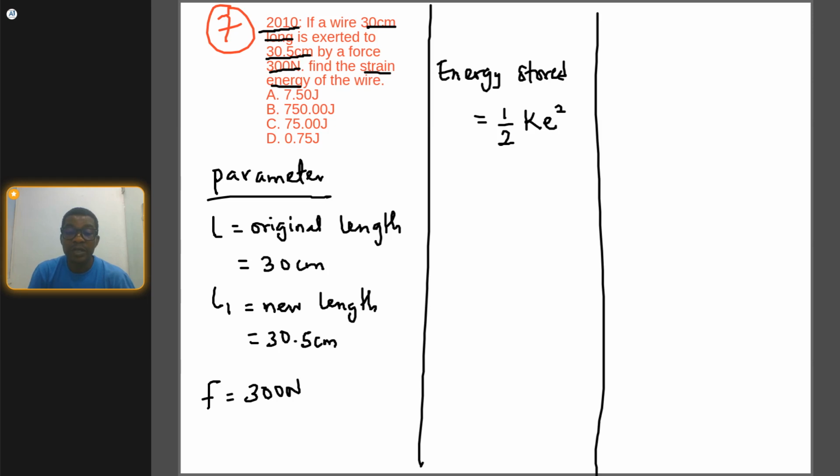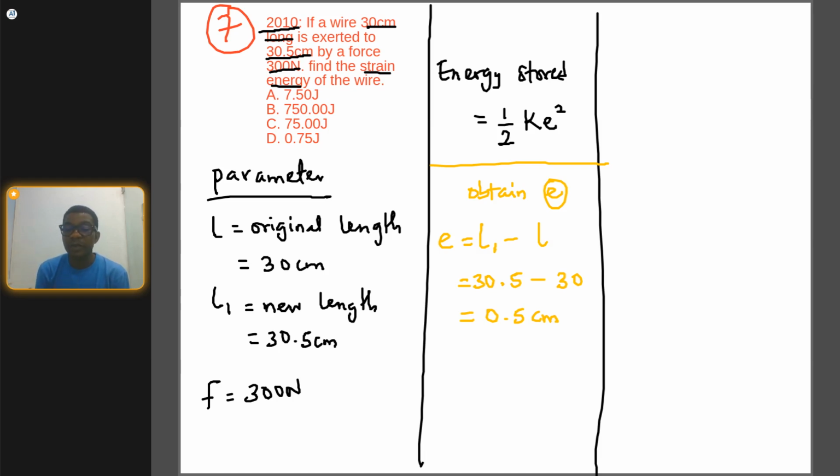But we are given prior information that will make us get those values. So let's go ahead to get E. E, which is extension, is equals to the new length minus the original length. The new length is 30.5 minus original 30. Subtracting this, you have 0.5 centimeter, which you still need to convert to meter.